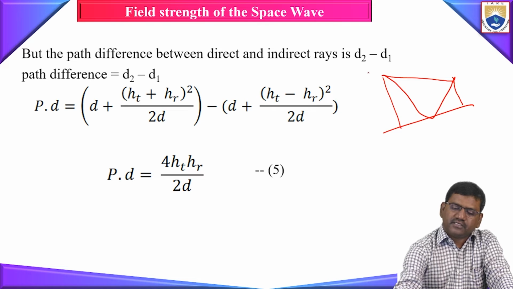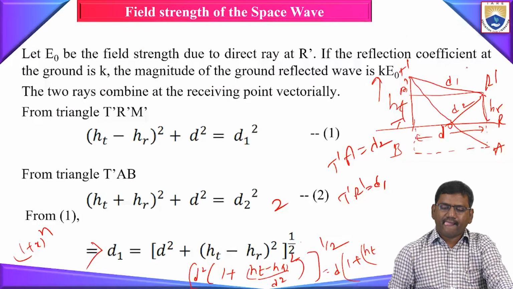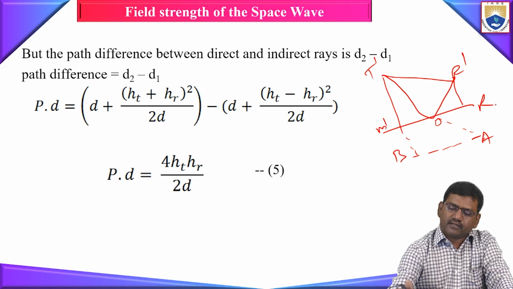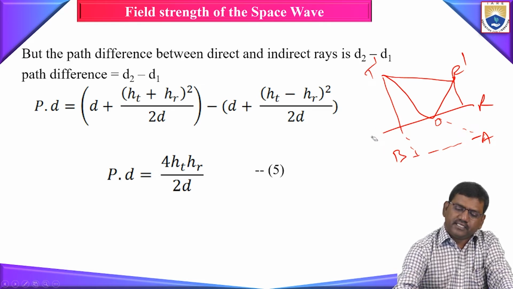Here T dash, this is O, this is A, this is B, and this is M dash, this is R dash, this is R. Let's assume this as T here. Join these two. Let's assume this as M dash.